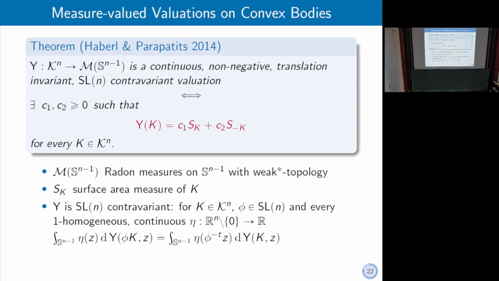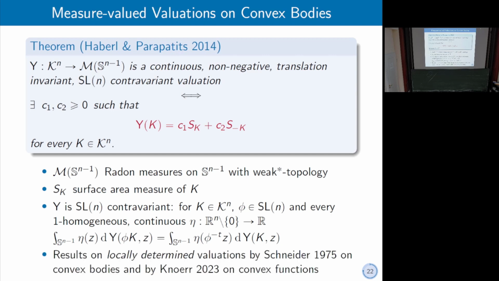And let me just mention as an aside, there are other results on measure valuations on convex bodies. In particular, Wolf Schneider gave a version of Hadwiger's theorem for measure valued valuations, where he used the notion of locally determined valuations. And I don't want to use this here.